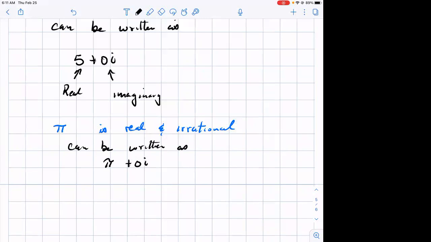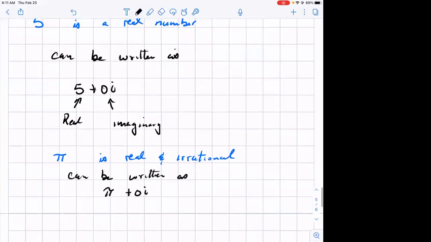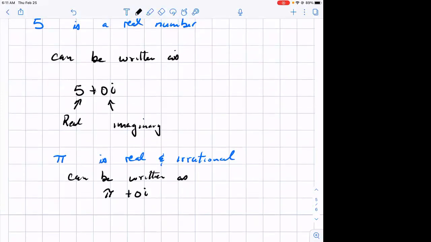So it doesn't matter, real numbers can be written as complex. So we've kind of got the basics done, and now we can jump into some operations with complex numbers.